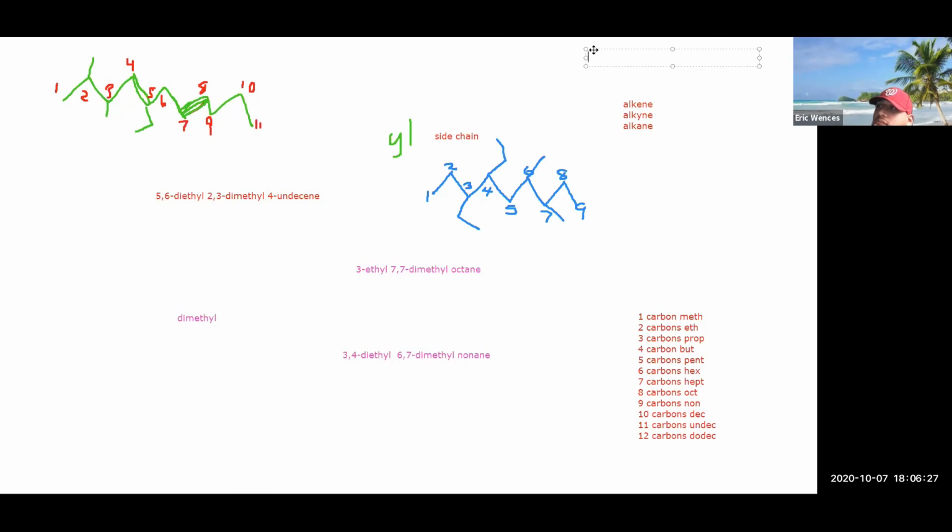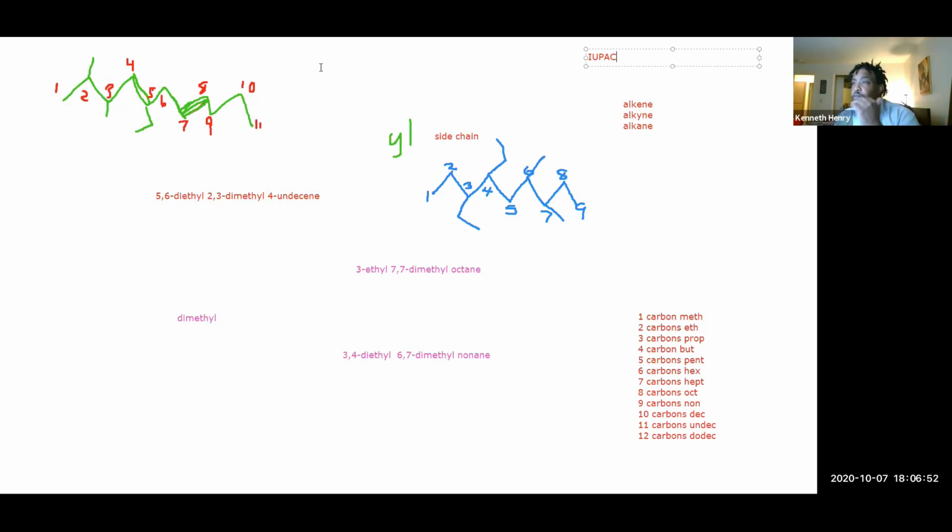So this is IUPAC nomenclature, part of your organic chemistry. You also have common nomenclature, which you're going to get a little bit of, but not too much, because everybody's moved to the IUPAC nomenclature. With IUPAC nomenclature, you always think about priority.